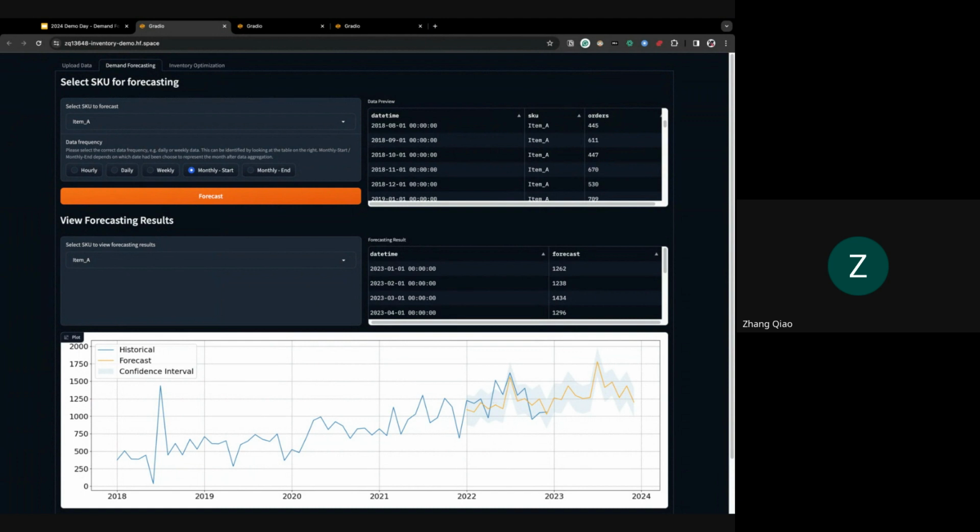Of course, it is not a crystal ball, so it will not be 100% accurate on all of the days. However, we do have a confidence interval, this slightly faded blue color. Compared with the ground truth, which is the blue line, we can see most of the days fall within the confidence interval, which suggests that we have used the historical data to train a fairly good performing model.